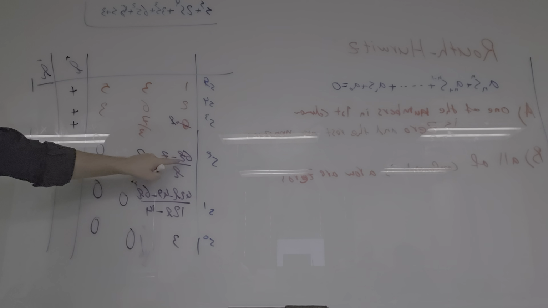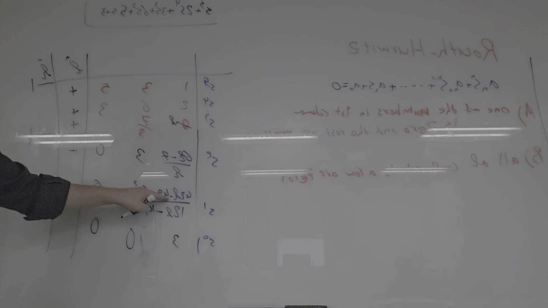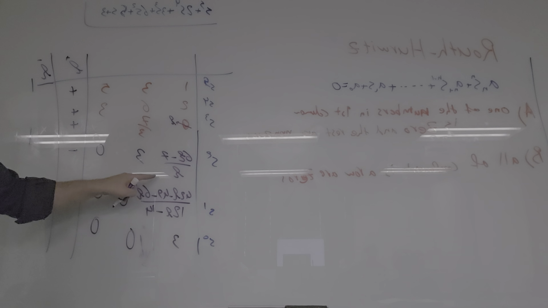The next one, this is 6 times a tiny number minus 7, so it's going to be negative, over a positive number, so it's going to be negative. This one, this is a tiny positive value over a big minus value, so it becomes minus. This is a tiny value, this is a minus 14, so minus over minus is going to be positive, and this one is positive.